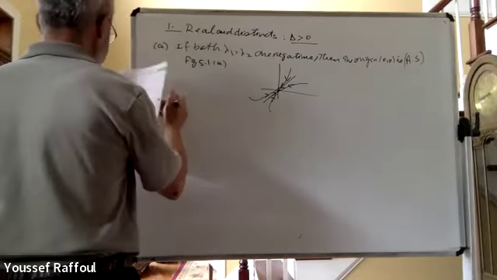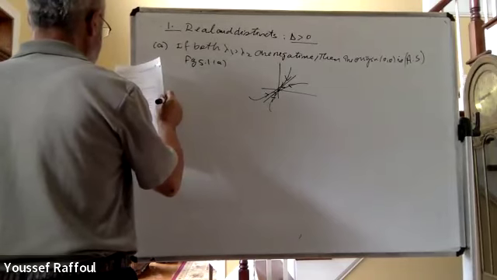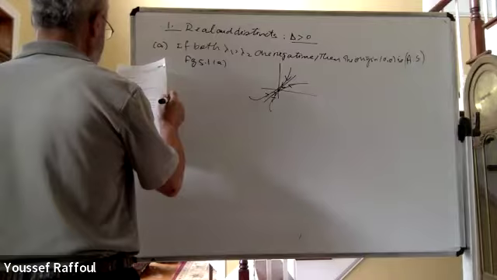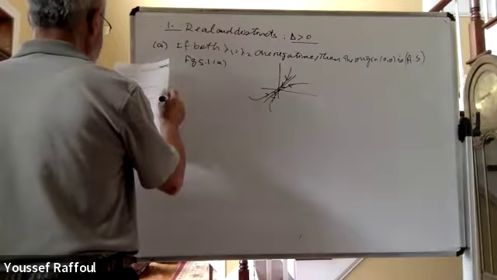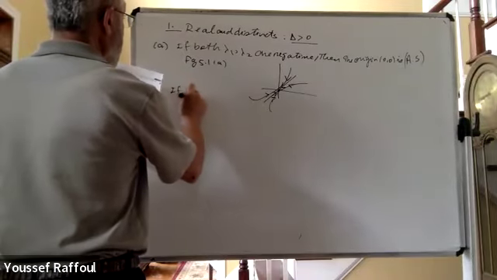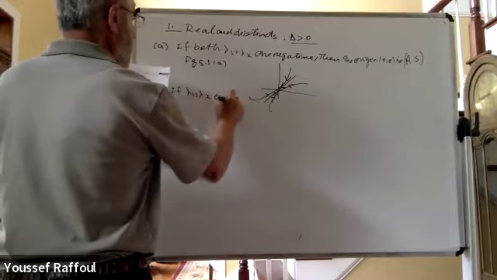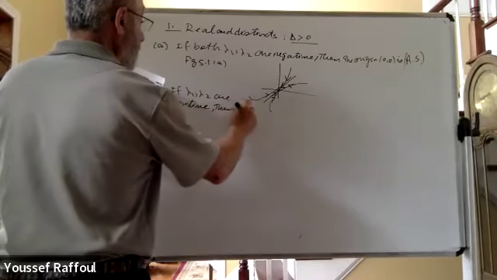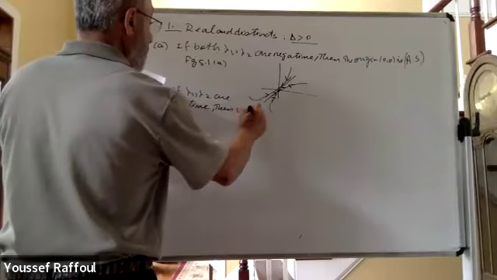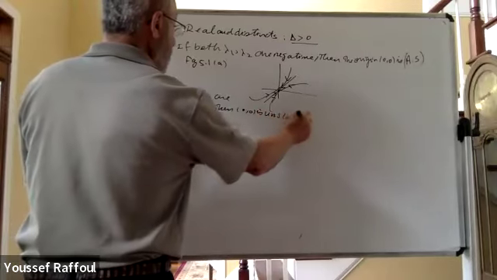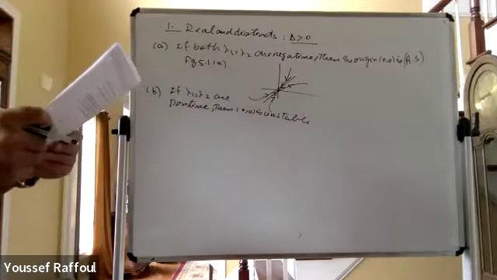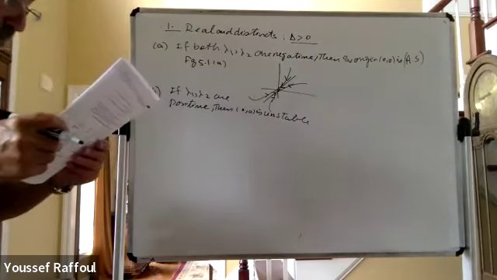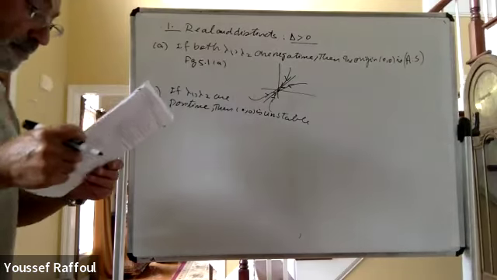B, if lambda 1, lambda 2 are positive, then 0, 0 is unstable.